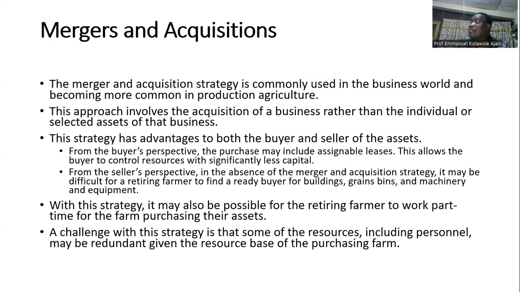The farmer that sold this facility can also work as a worker for some time with the people that bought the farm. So it's an advantage also to the retiring farmer or the person that sold the asset.